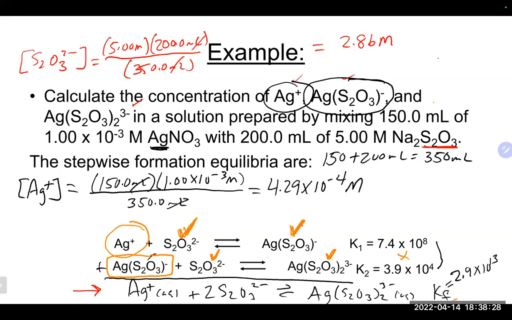I didn't cross it out because we were coming back to them, but basically these guys crossed out, and everybody on the left stayed on the left, and everybody on the right stayed on the right. That's how we got the 2 S2O3s coming down and the 1 silver. What's left on the right-hand side is just the complex ion.